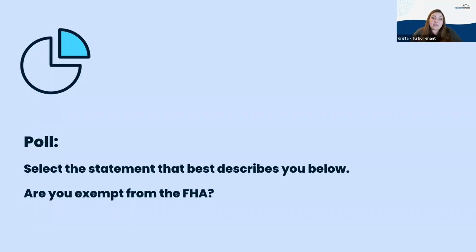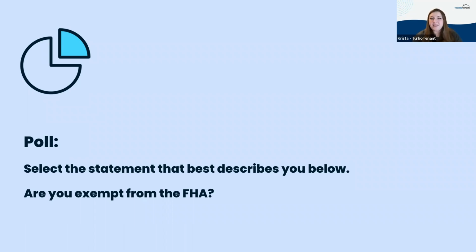The first statement is, I own and occupy, meaning you live in the property with 4 or fewer units. Otherwise, if you manage housing operated by a religious organization or a private club with occupancy limited to members, you can choose that. If you own a single family property that was sold and is being rented by you without the use of a real estate agent at all, you should select that. But if none of these statements describe you, go ahead and click that last option for the first question.